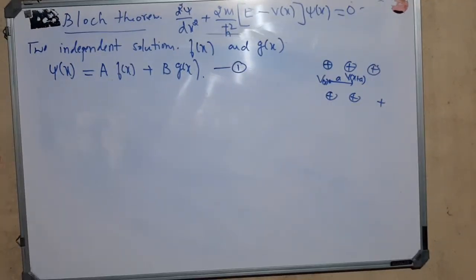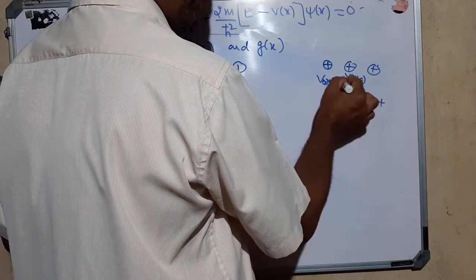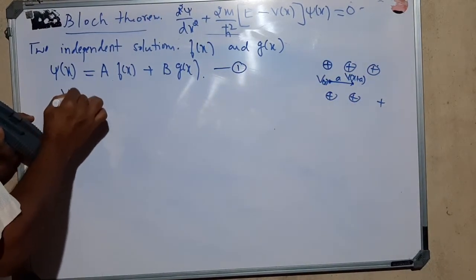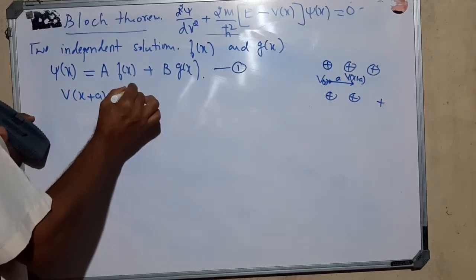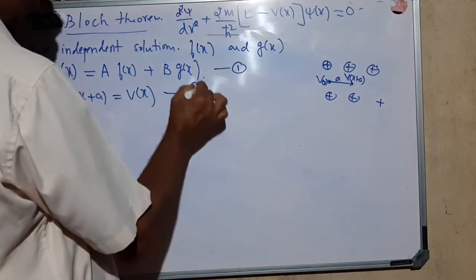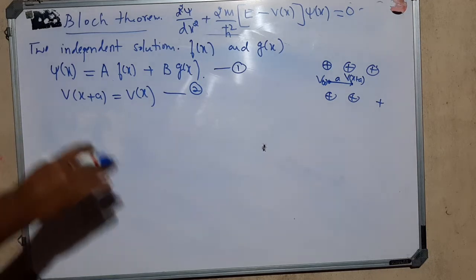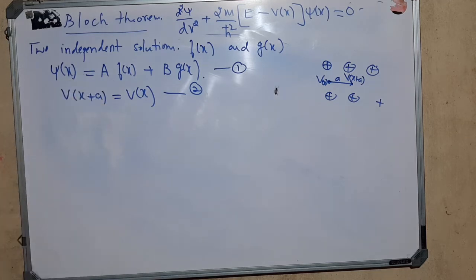But it is a periodic potential, meaning at regular intervals it has the same potential. That means V of x plus a is equal to V of x. This is equation number 2. You have to note this down because afterwards I will erase this. So note down the equations, and similarly, when I ask you to refer to an equation number, you have to refer to it in your book.